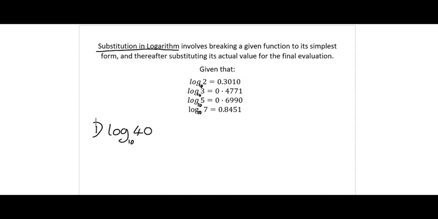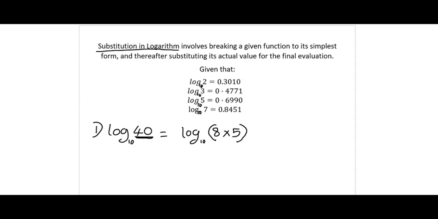For us to simplify this expression, log 40 base 10, I'm simply going to break this expression down, and I'm doing that by breaking 40. I'm going to figure out the numbers that are factors of 40, that when I multiply them I'll get 40, and those numbers are 8 times 5. 8 times 5 is 40.